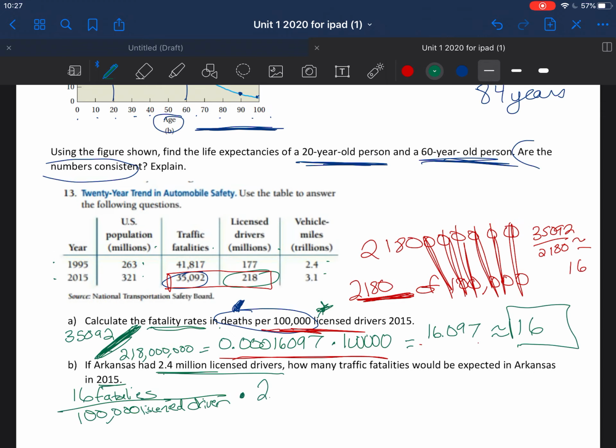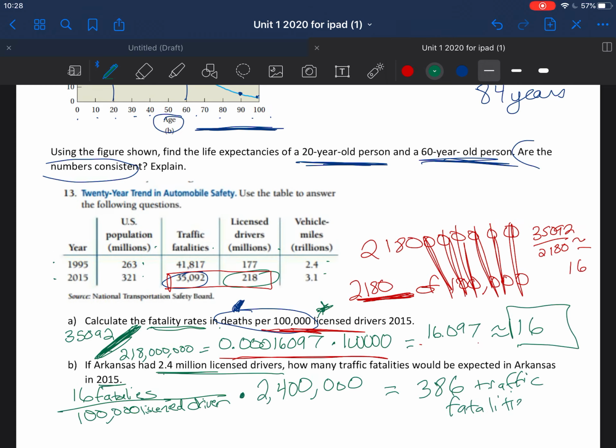So we're going to multiply by 2.4 million. So that's 2, 4 with 2 zeros, 3 more zeros, and now we have 2.4 million. Now those are some big numbers to work with, but it gives us around 386 traffic fatalities that year.